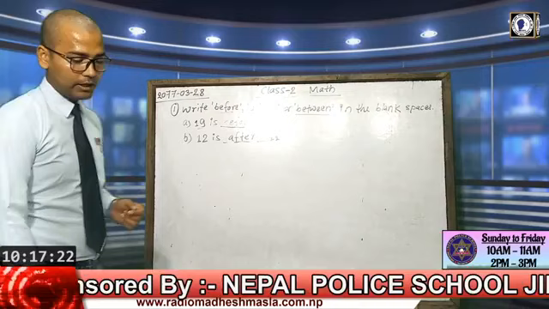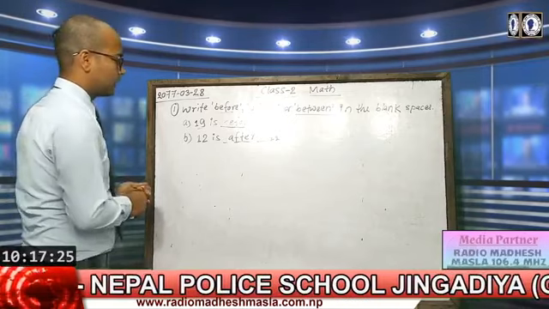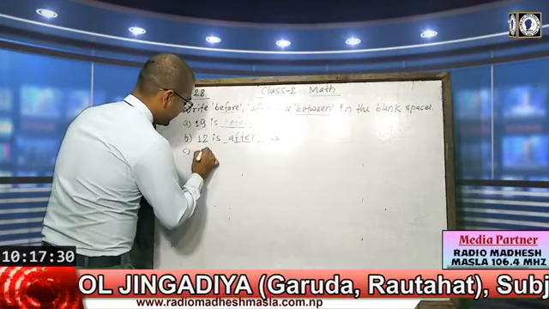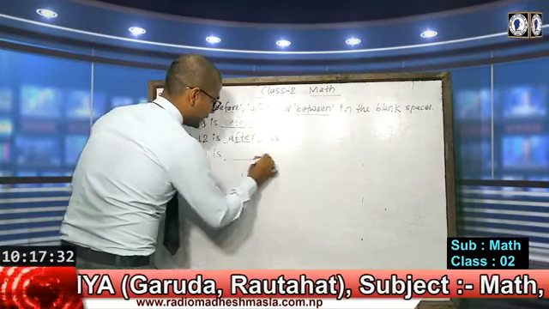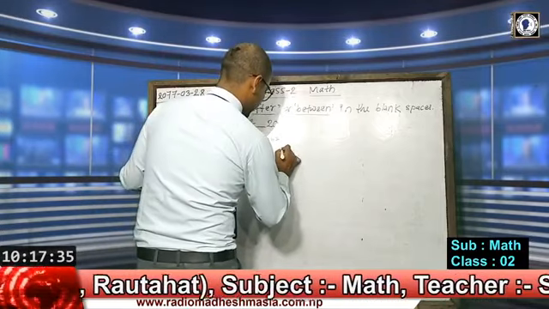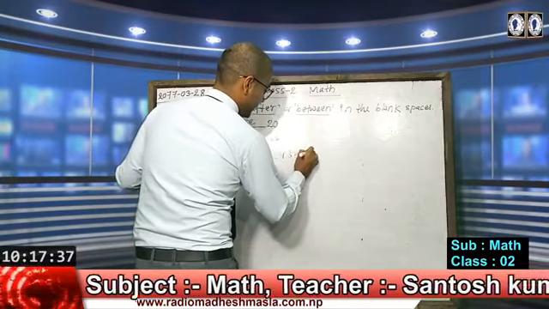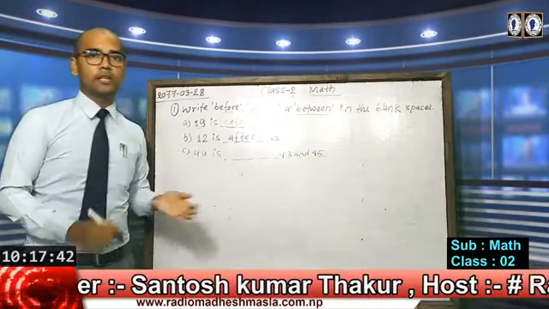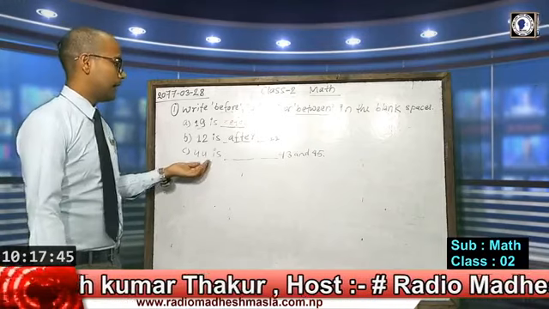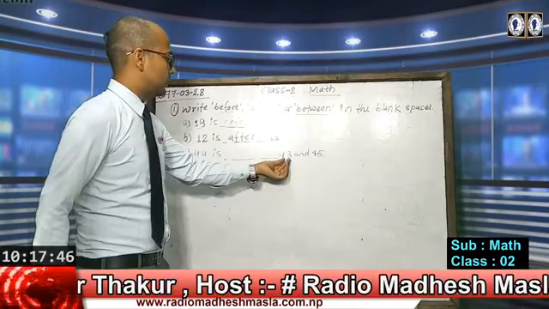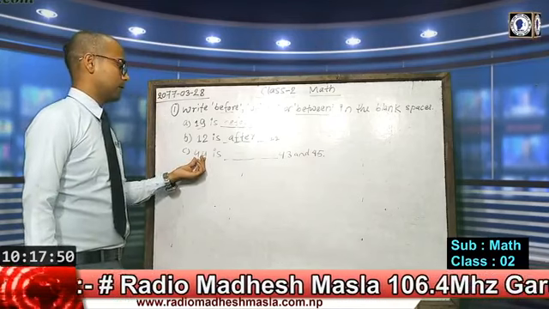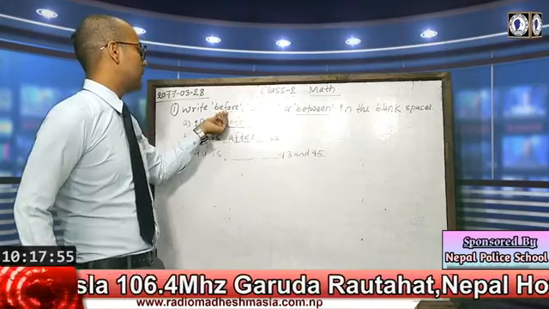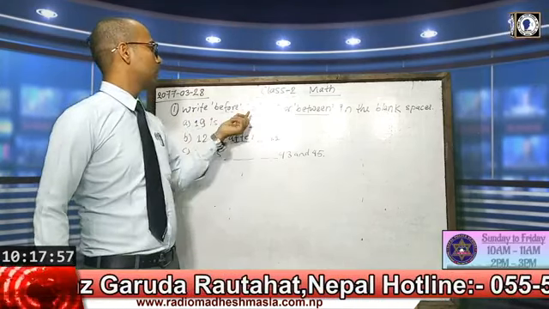Suppose the third question will be like this. 44 is dot dot dot 43 and 45. Students, give your concentration here on the question. The first number is 44, and we should fill the blank with before, after, or between, with the three words.